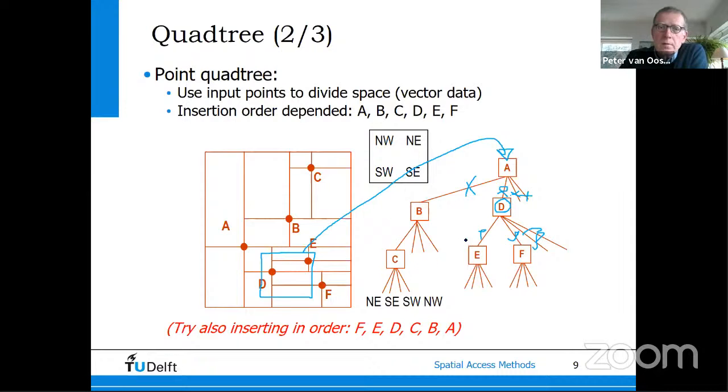And at the next level, I find indeed at the first branch E that is contained in the box. I have to also check the children below, but there are no children, so I'm ready here. Then I check the second branch that was indeed overlapping with the search box. I find F. F is not inside, but 2 children are inside.